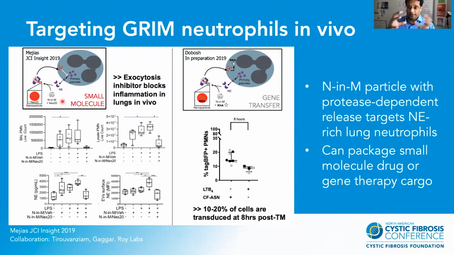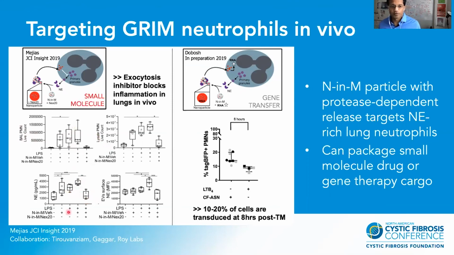When they're sent to the lung, they swell and reveal the ropes. Wherever elastase is enriched, they're going to undo themselves and release their cargo. If the cargo is a nanoparticle that contains an inhibitor of exocytosis, then we can block the release of elastase, and we can also block both blood and lung inflammation in a single dose.